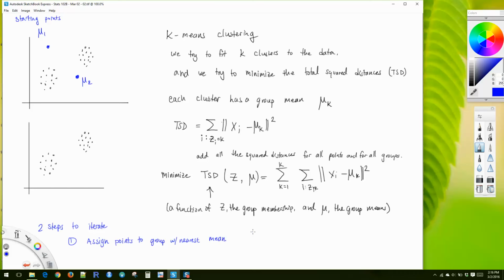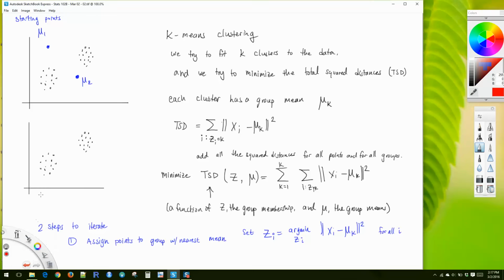We can essentially think of this as setting z sub i equal to the z sub i that minimizes this. So for each data point, you're going to set it to the group that minimizes this.